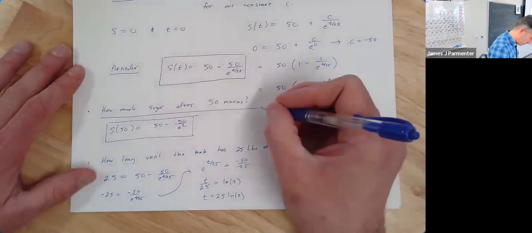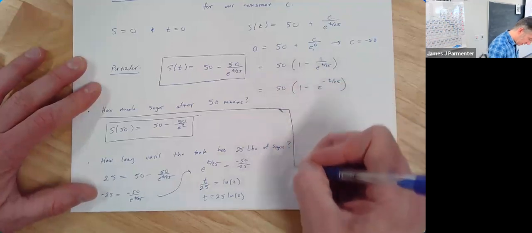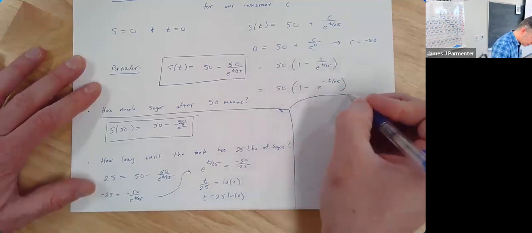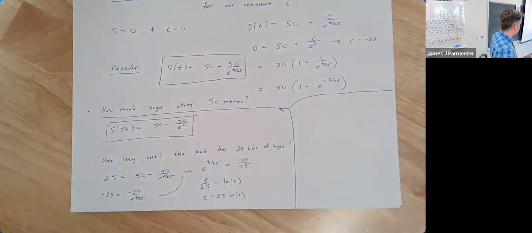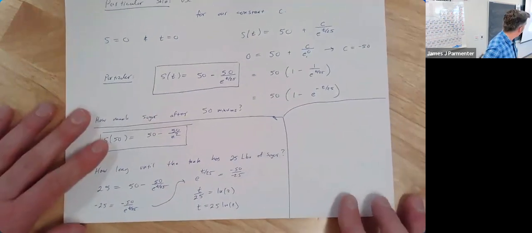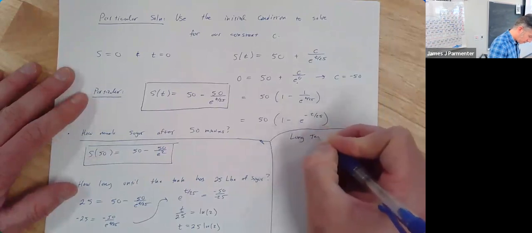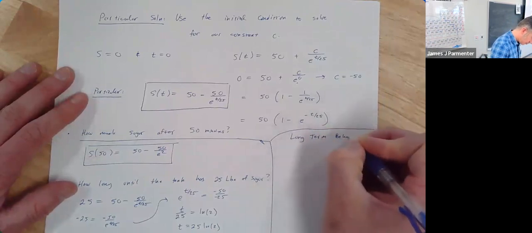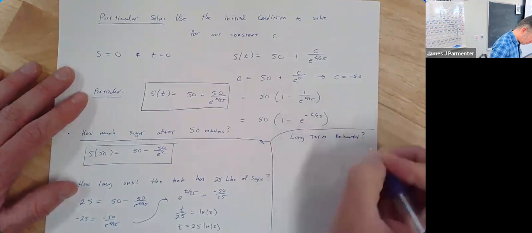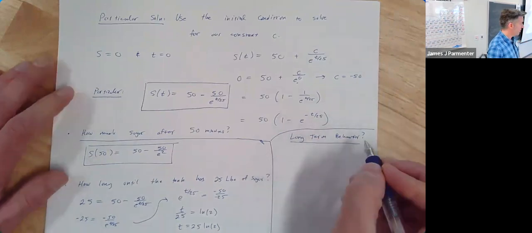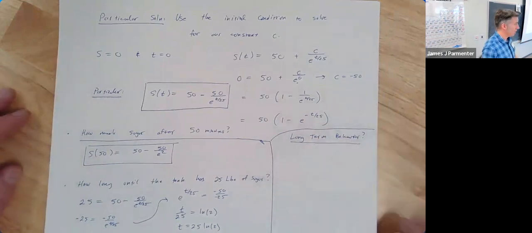So the last thing I'll say about this example, and I said this last time, I'm going to say it again. To me, the most interesting question you can ask about this sort of tank problem is, what's the long-term behavior? Meaning, what happens to the amount of salt in the tank as time goes on and on and on?